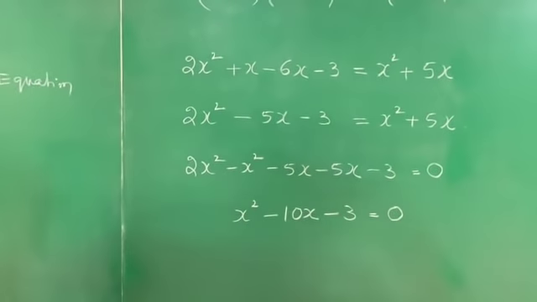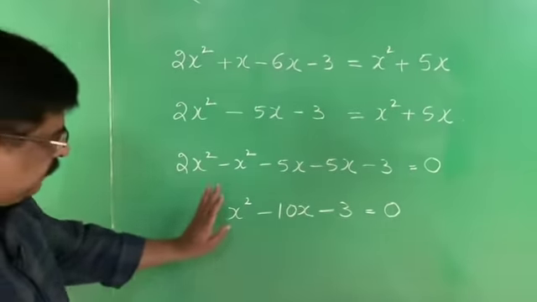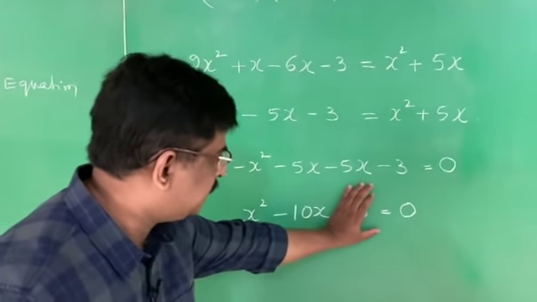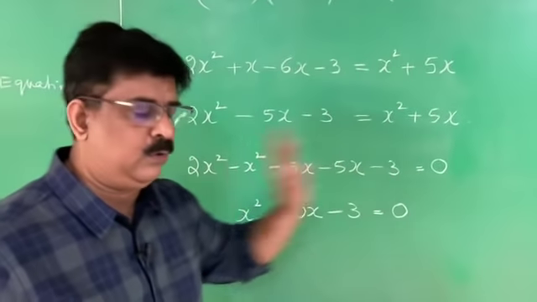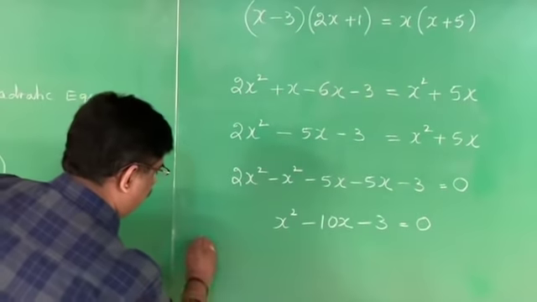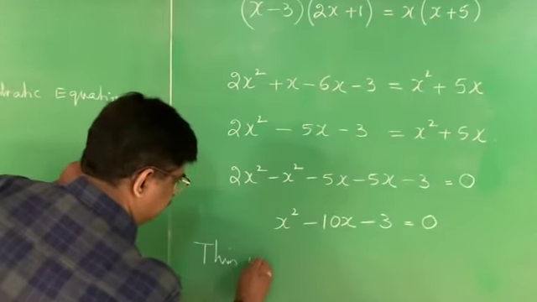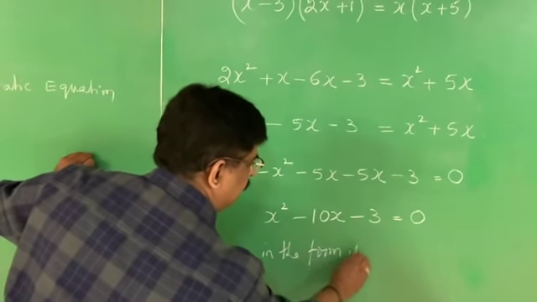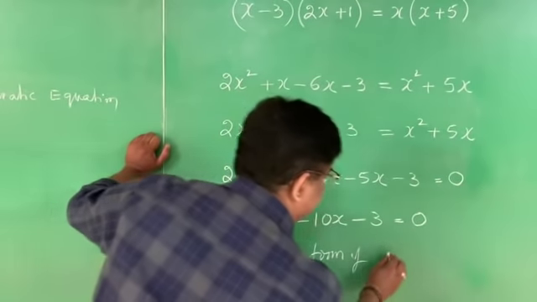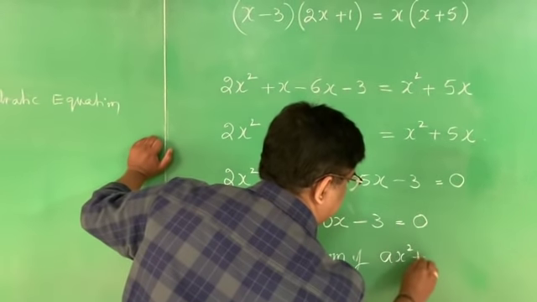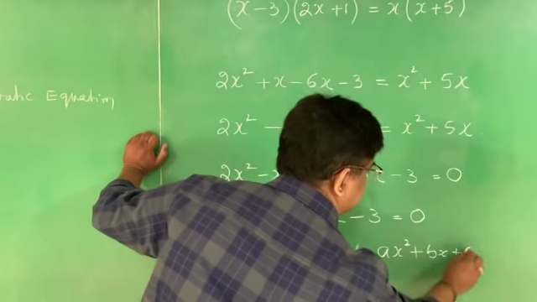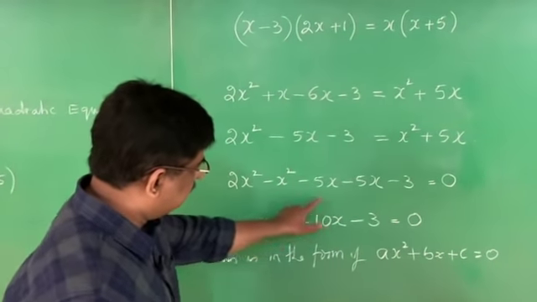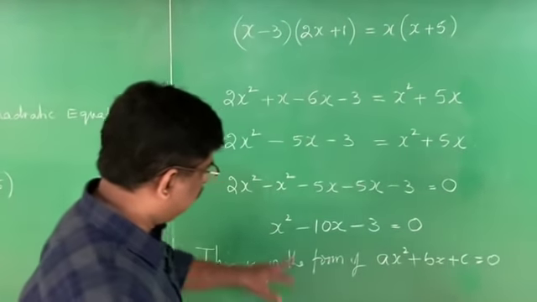See this equation. This is in the form of ax square plus bx plus c is equal to 0.